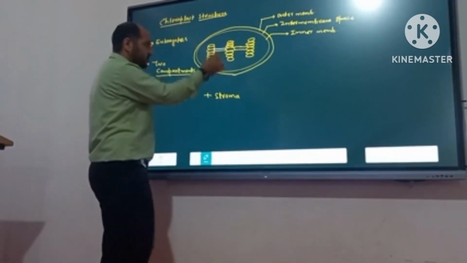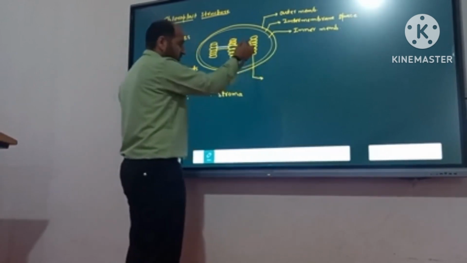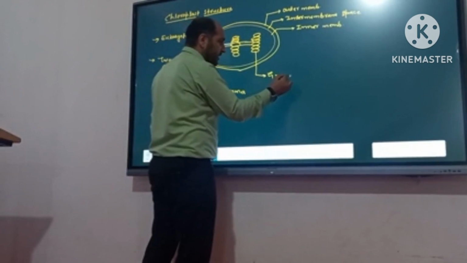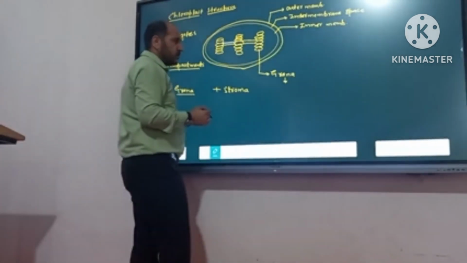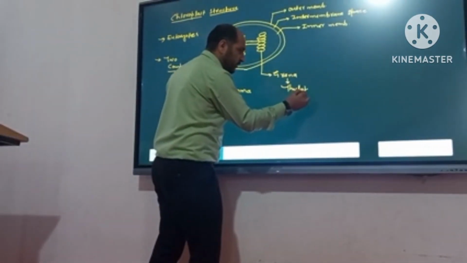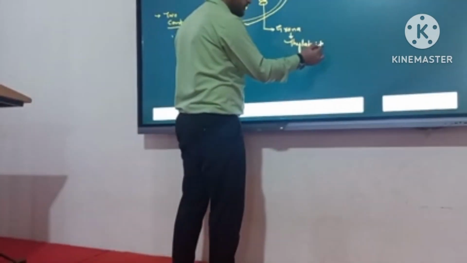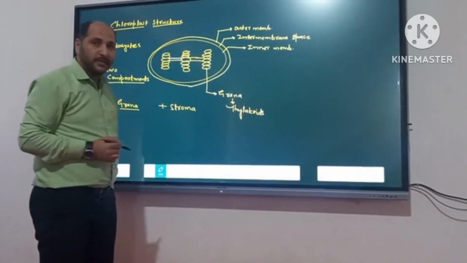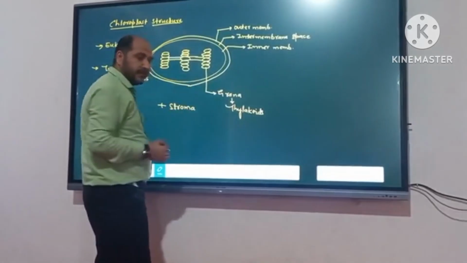These ring-like structures stacked one upon another are together called grana, and grana are made up of simple coin-like or disc-like structures which we call thylakoids individually. This stack of thylakoids is called grana.